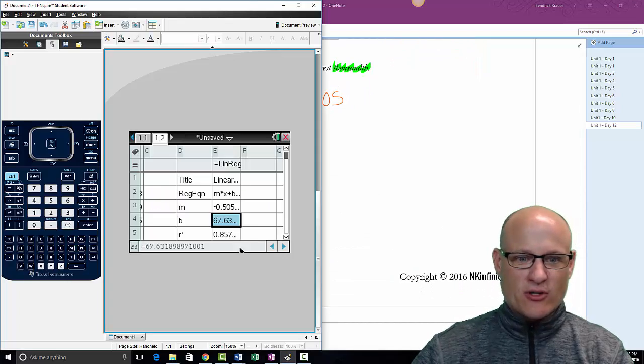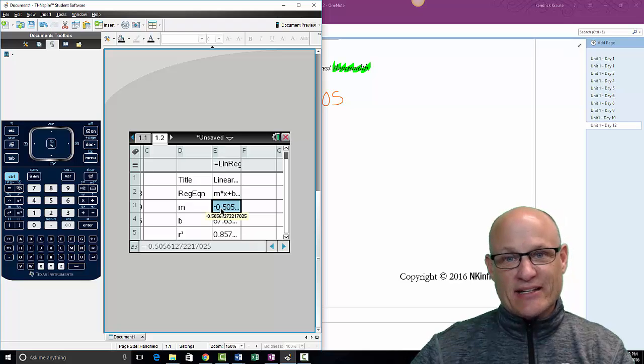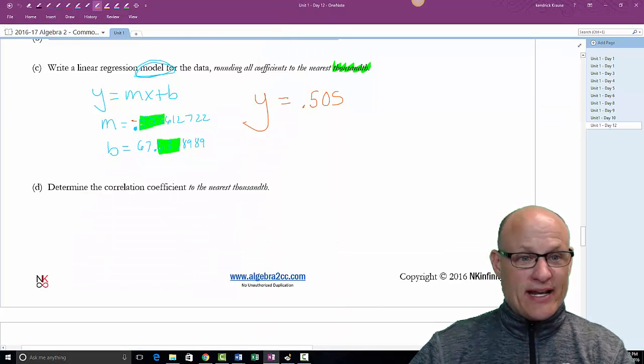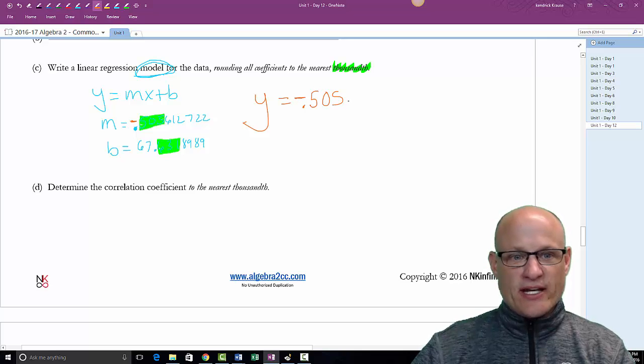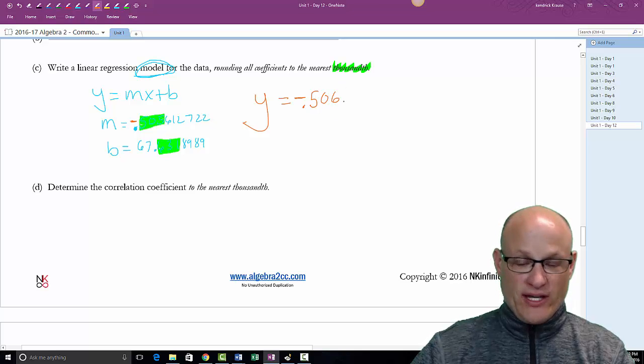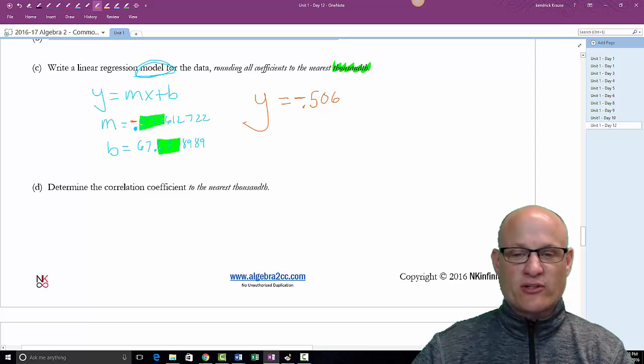So let me go back to this graph here. Oh, look, I missed the negative. That's key. That's important. That negative belongs there. If I forget that, that's a huge difference. So negative 0.506, rounded to thousandths, 3 decimals. I was so wrapped up that I forgot the negative.